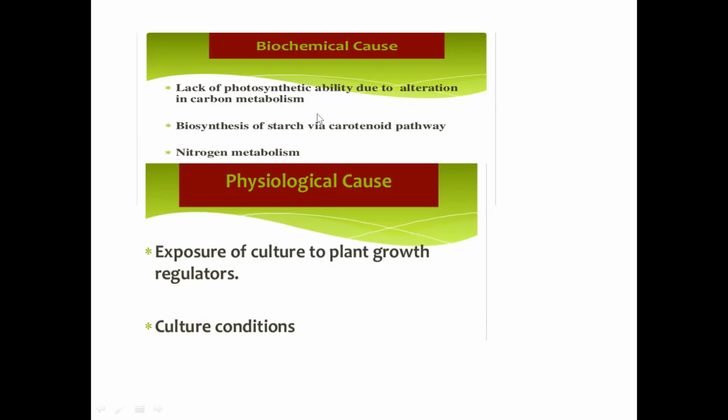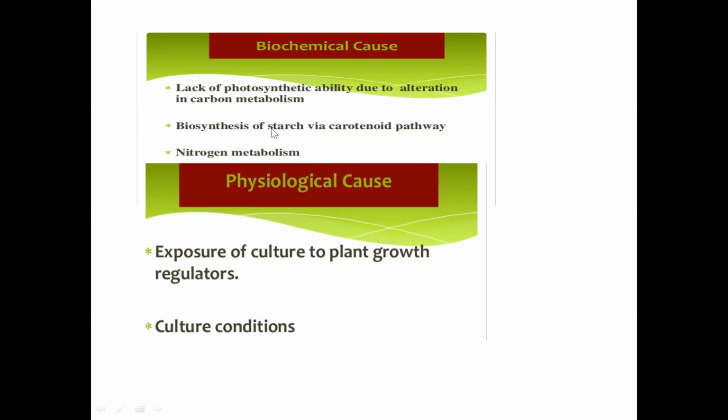If the callus, due to some physiological differences, synthesizes using a different pathway, it might lead to some kind of variation, as they have seen in biosynthesis of starch via the carotenoid pathway. Some calli, due to some environmental condition, use a pathway which is used to synthesize secondary metabolites, carotenoids.